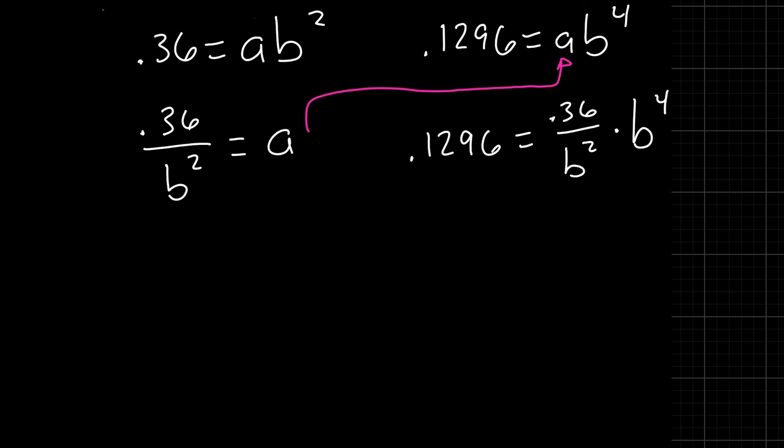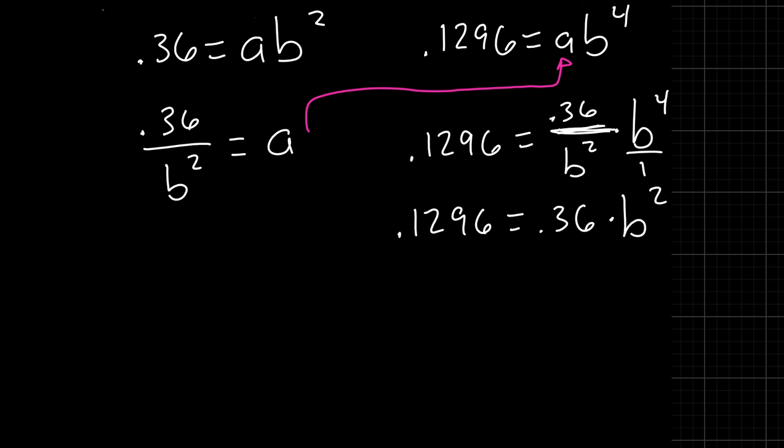Well, this is cool because I can see I've got this denominator of b squared, and I'm multiplying by b to the 4th. So this can be simplified, right? 0.1296 equals 0.36 times b to the second power, because b to the 4th over b squared is b to the second power.